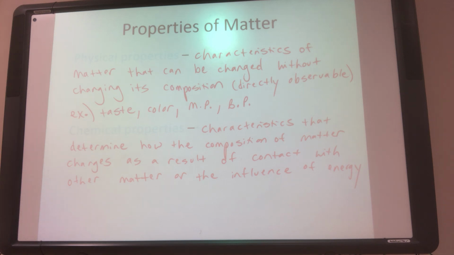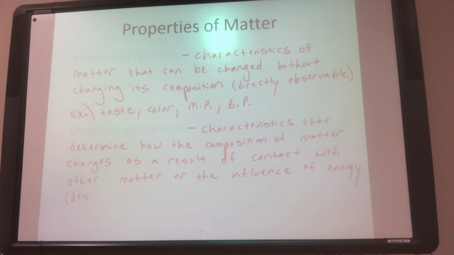So here we're going to talk about, okay, if I had this compound interacting with another compound, what would I expect to happen? Or if I had this compound and I interacted it with some heat or something, what would I expect to happen? So these are properties that kind of talk about the behavior.